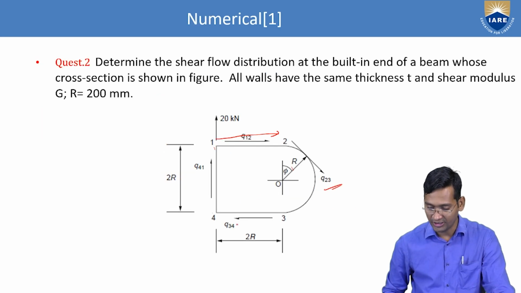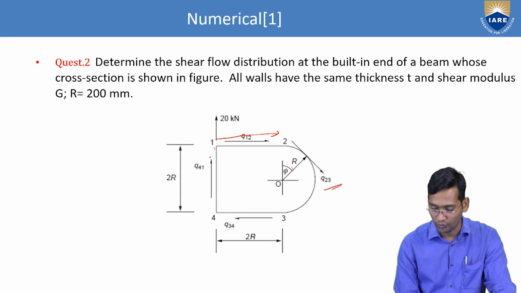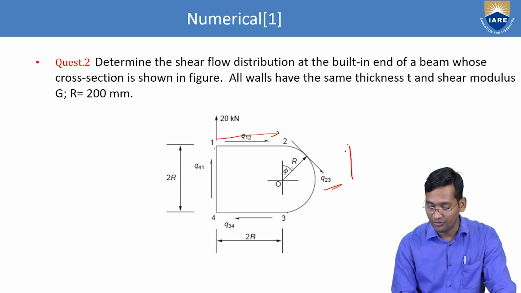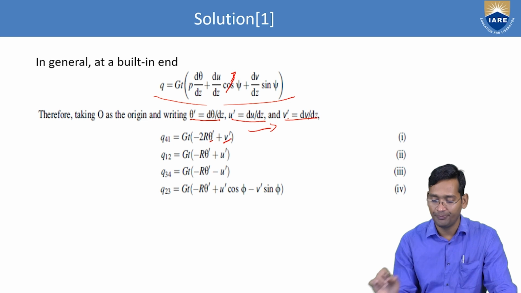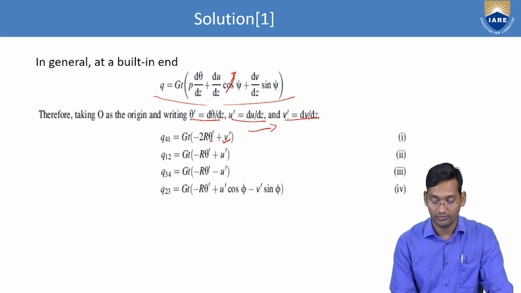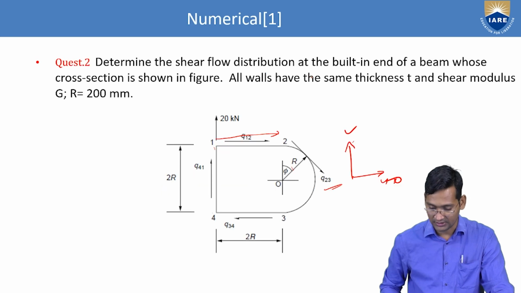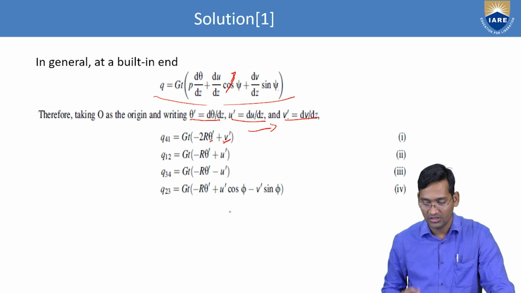For which one are we finding? See, for Q41. Here this is the V term and this is u, so V will be there and U will be 0 for Q41. Q will be 0. That is parallel, so V dash is the shear, and the angle here is 90 degrees.